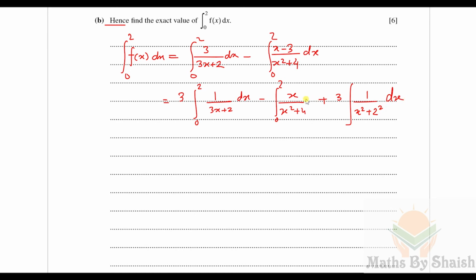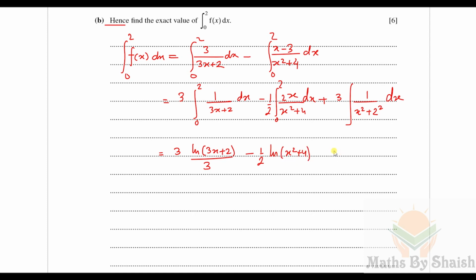Now this is simply ln. No need to apply the modulus because between 0 and 2 it is always positive. So ln of 3x plus 2 divided by the differentiation of this, that is 3, minus, if I multiply and divide by 2, the differentiation of x square plus 4 would be 2x, which is already here, so we can also write this as ln of x square plus 4.